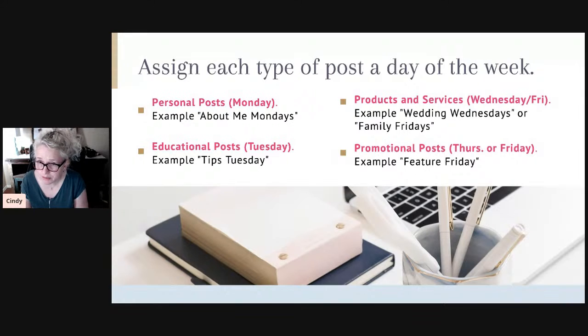You could alternate it, weave it in there. You don't have to do every Wednesday as Wedding Wednesday. But if you do, you get into a rhythm, and your audience will get in that same rhythm once it's consistent, because they'll know what to expect.